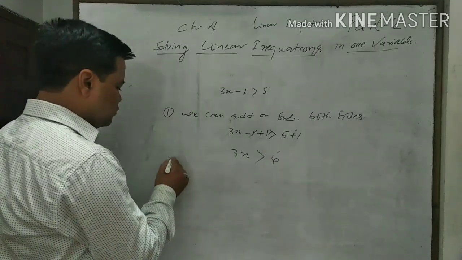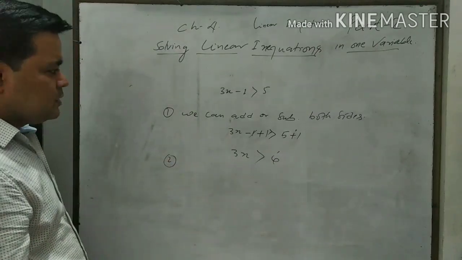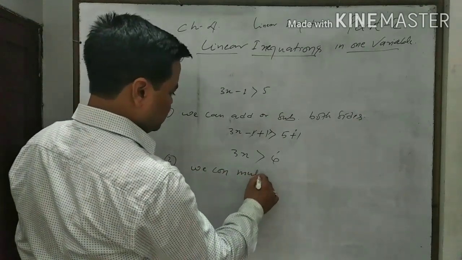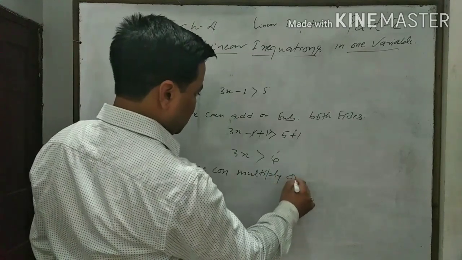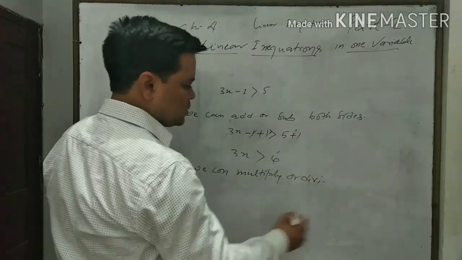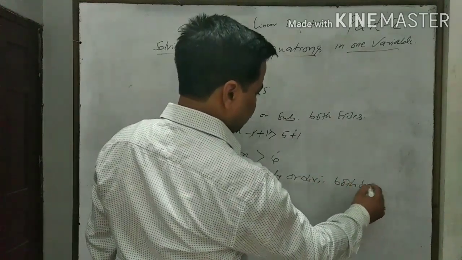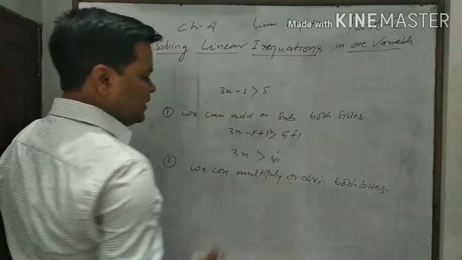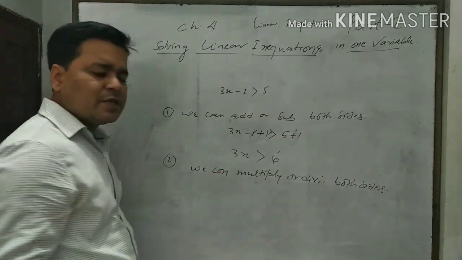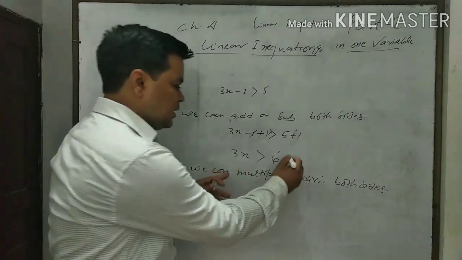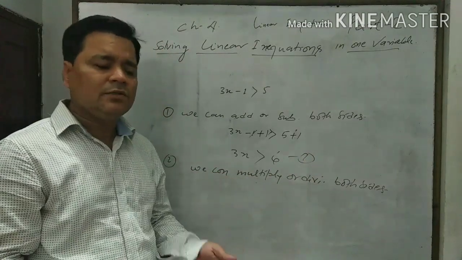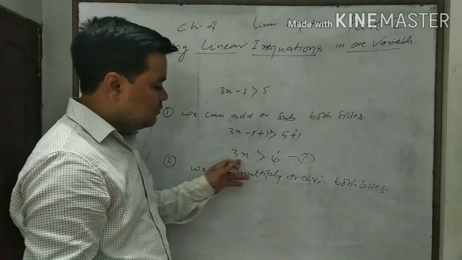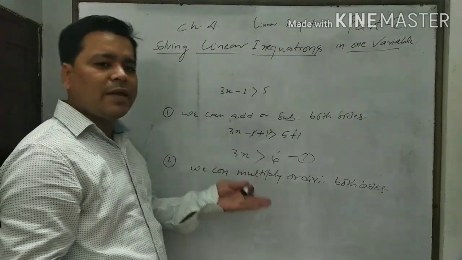The second thing is we can multiply or divide both sides also, just like an equation. Here if we divide both sides by 3, or we can say we can multiply this inequation by 1 by 3.